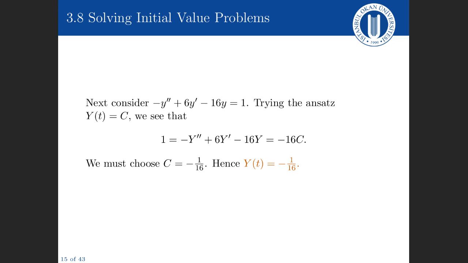Look at the function. The function 1 is just a number, so my ansatz is just going to be a number. And I calculate that 1 is minus 16c, hence capital Y must be minus 1 over 16.